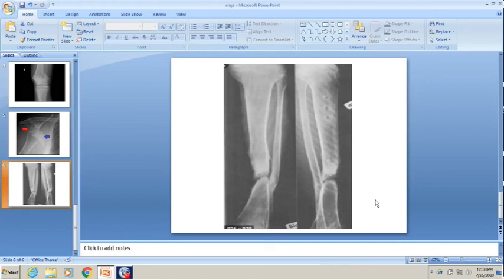If it is a fracture of the upper limb with non-union, will you get abnormal gait? Sir, abnormal mobility. Abnormal mobility, yes. Sir, persistent pain. No, persistent pain is not the correct answer. Is non-union painful? Non-union is not painful.